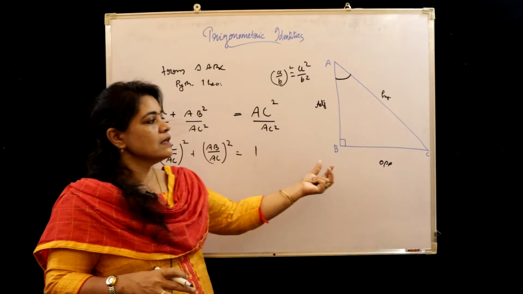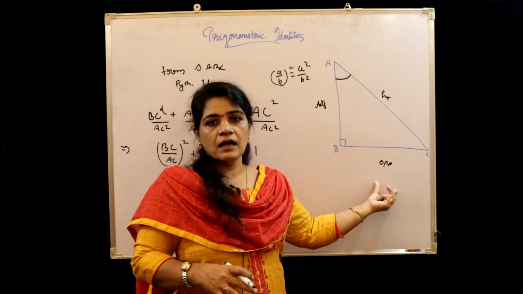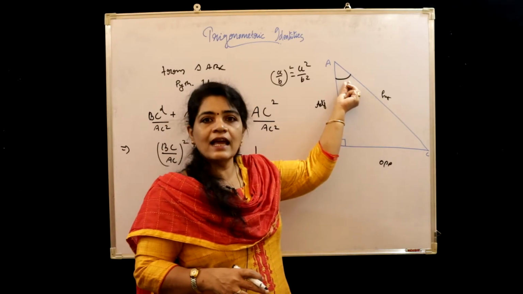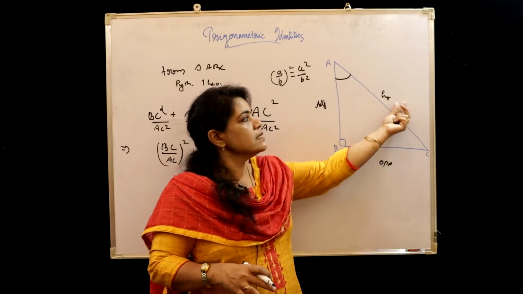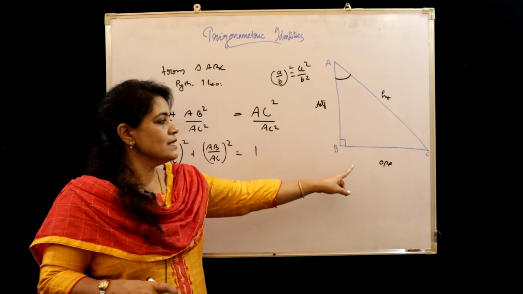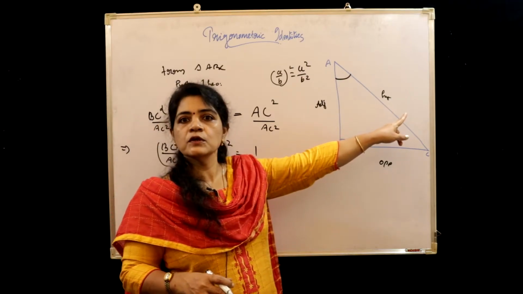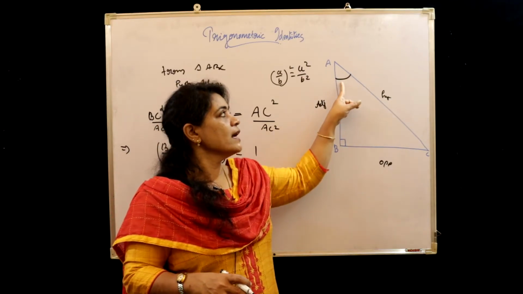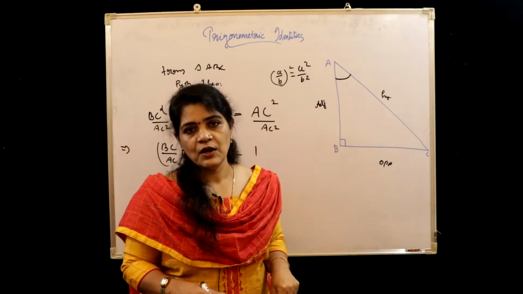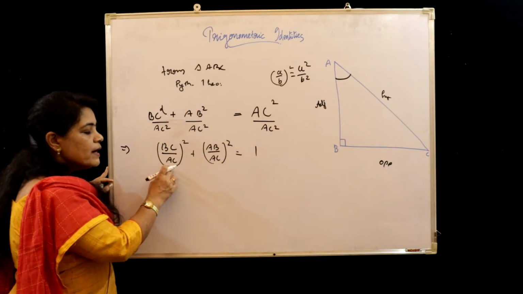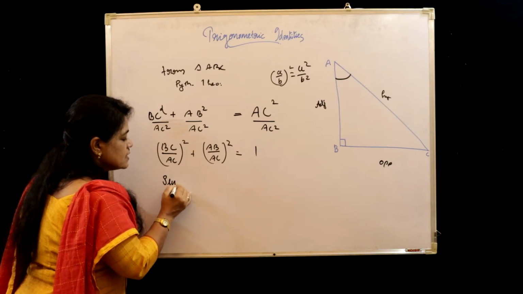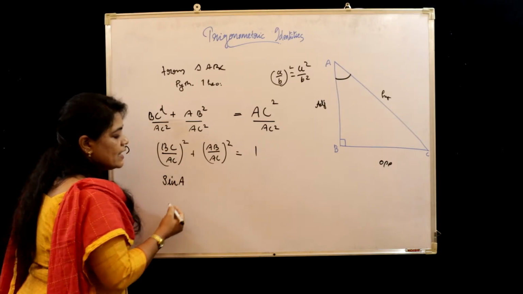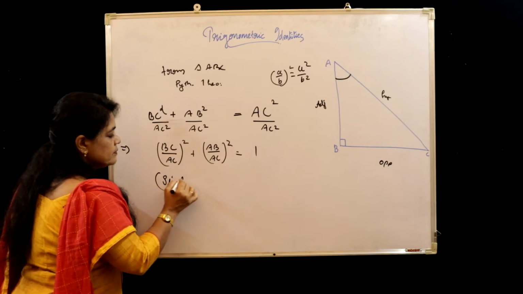What is BC with respect to this right triangle ABC with reference angle A? BC is the opposite side, and AC is the hypotenuse. So BC opposite side by hypotenuse is sine of angle A. Here the reference angle is A. So BC by AC is named as sine A whole square.